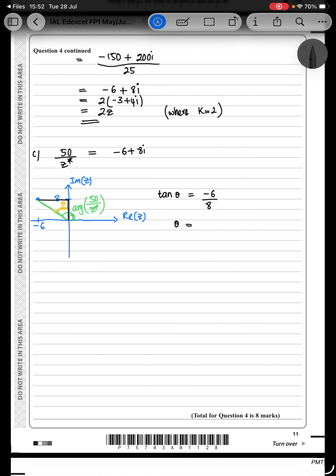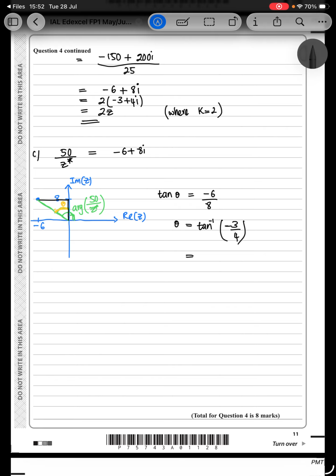So our theta is going to be tan inverse of minus 3 over 4 if you simplify the fraction. Make sure your calculator is in radians mode because we don't want to go wrong there.